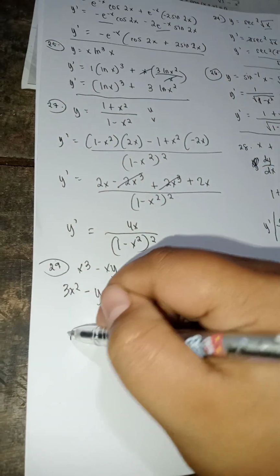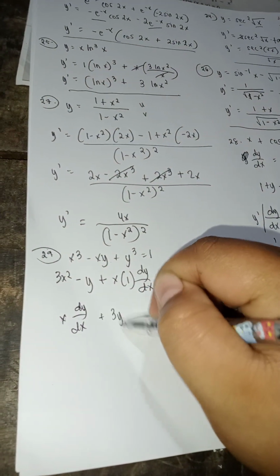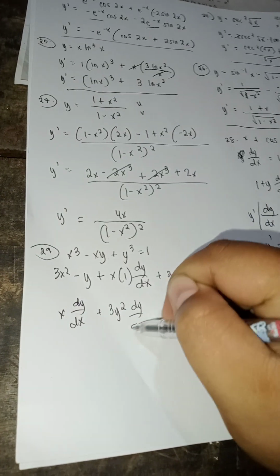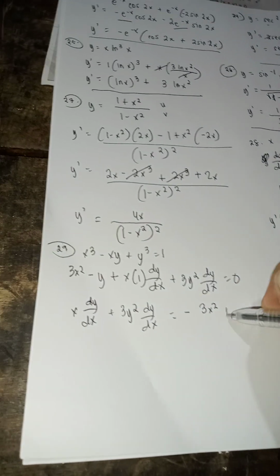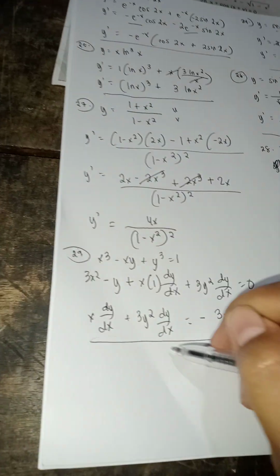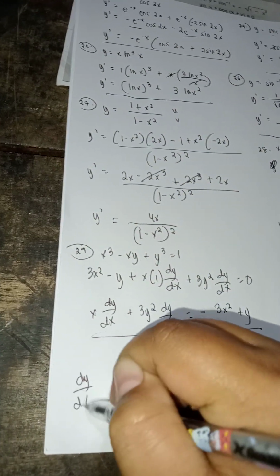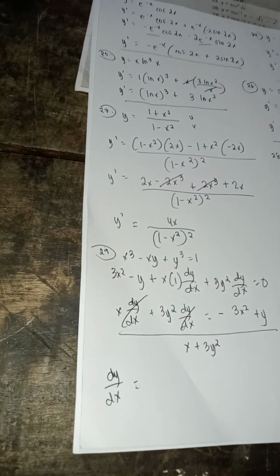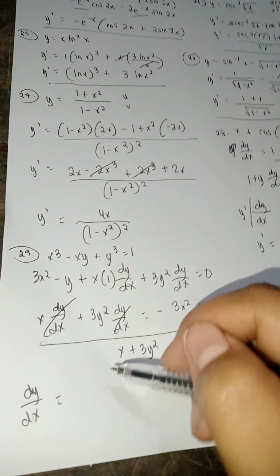So x times 1 is x dy over dx plus 3y squared dy over dx is equal to negative 3x squared plus y. Then divide both sides by x plus 3y squared. Put dy over dx here.